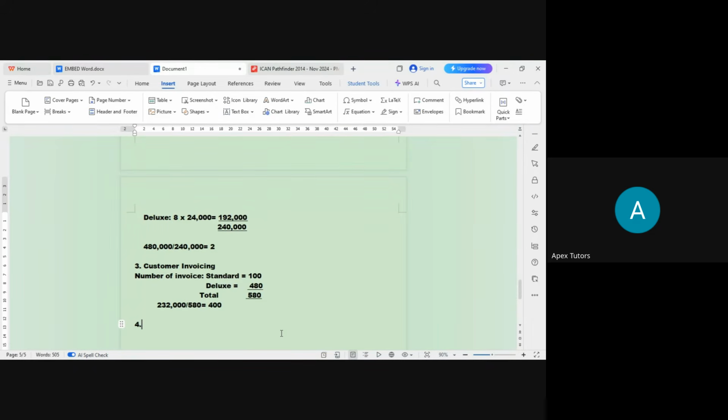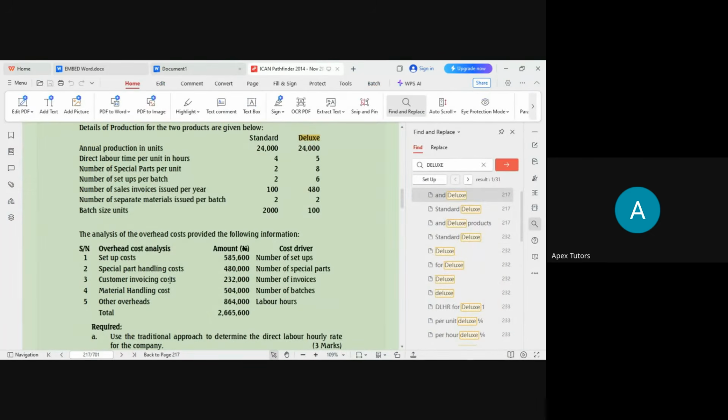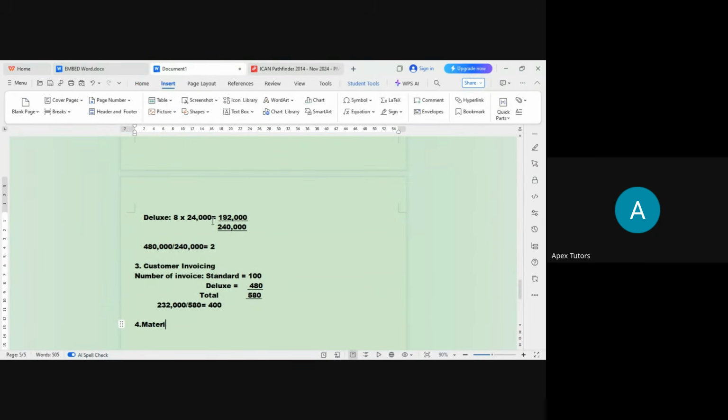Material handling cost is the next thing. Material handling cost. The cost driver is what? Number of batches. I'll need to ask a question at this point.